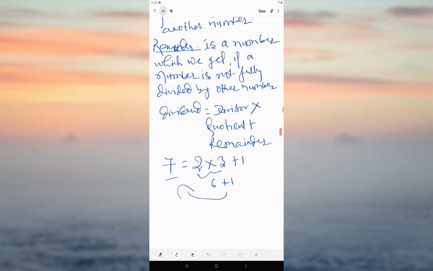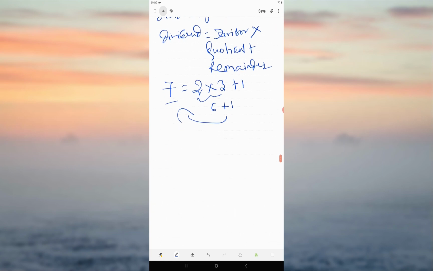So dividend equals divisor into quotient plus remainder. This is the basic thumb rule for division. This is very important. This is the funda which we are going to apply.